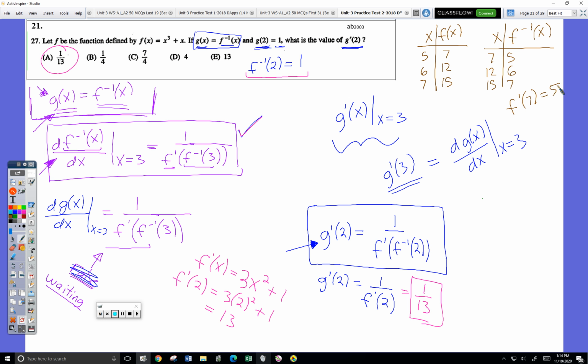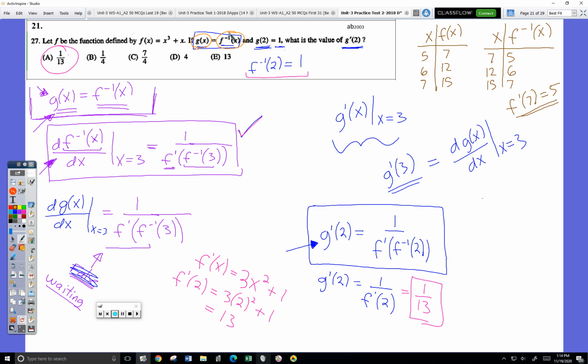Which would allow us to find things like f inverse of 7 is equal to 5. Does that make sense? Yeah, you've seen a problem like this that had that kind of idea. They just didn't give the information you would need to answer that for this problem. Because what they said instead was that g of any x is exactly the same as f inverse of that same x.